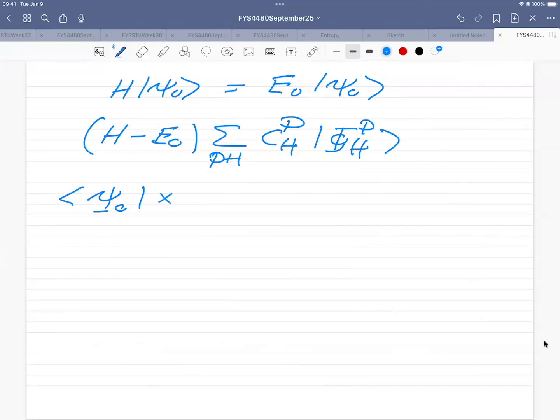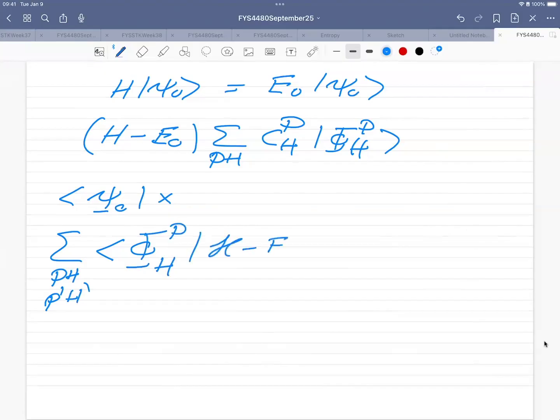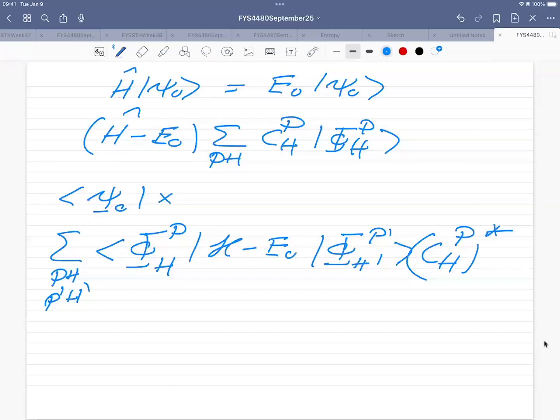If I multiply with that from both sides, I get an expression where we have a sum over HP and H'P', and we have phi_HP, and then I have my H minus E0. I should remember to put hats on here. And this is multiplied with phi_H'P'. I have now the coefficients, and I have to put a star on this one because this is the complex conjugate. And then I have a C_H'P' here.